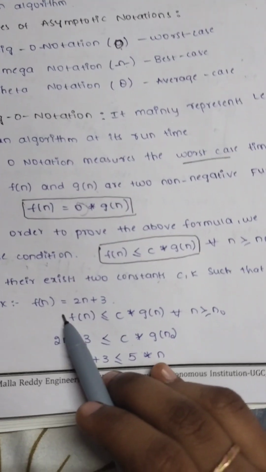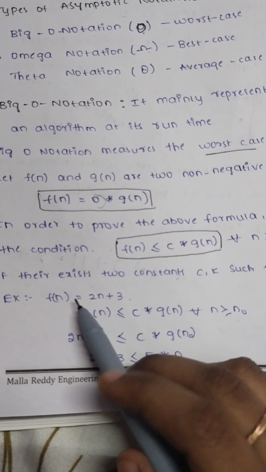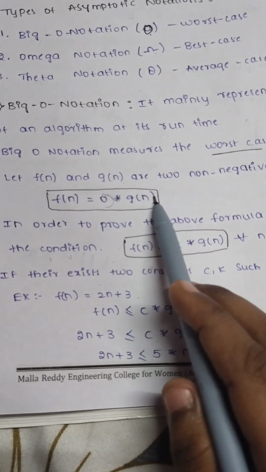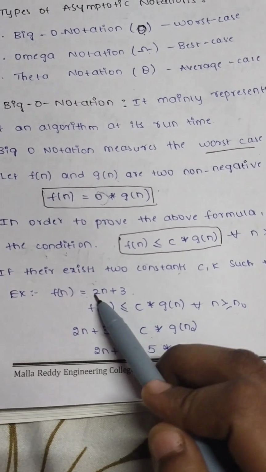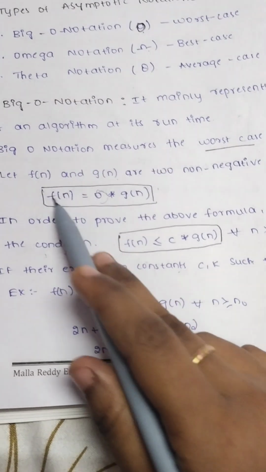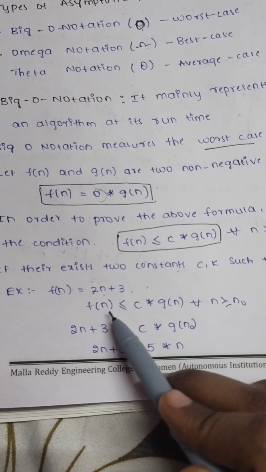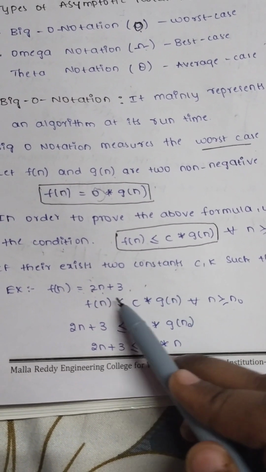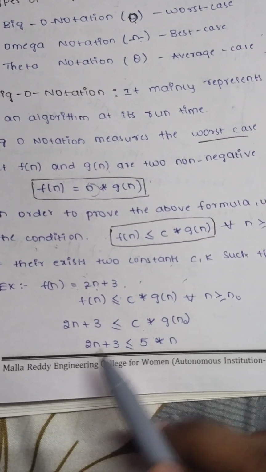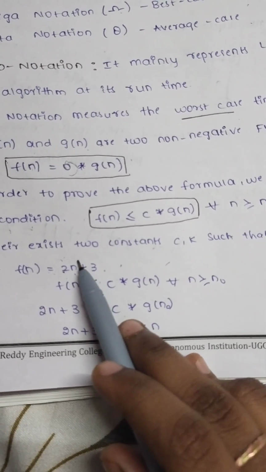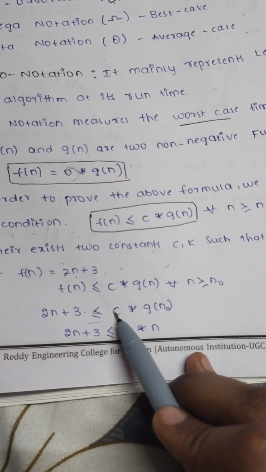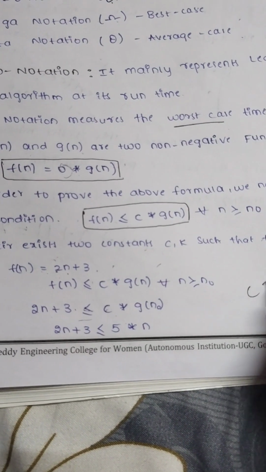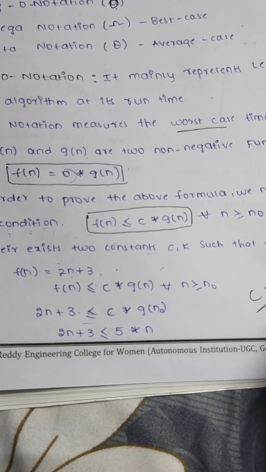Example: we are taking f of n as 2n plus 3. Using the formula f of n less than or equal to c into g of n, 2n plus 3 less than or equal to c into n.